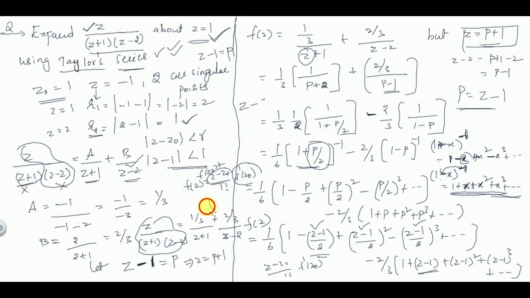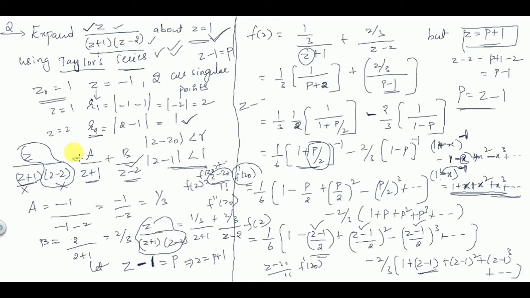And similarly, if you want to find f double dash of z naught, it is very difficult. You have to use the u by v rule 2 times. Okay, if you want to solve this question using the formula, it is very difficult. So you have to follow this procedure, right?